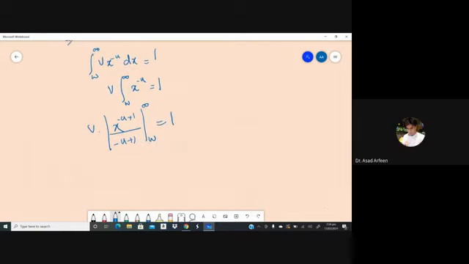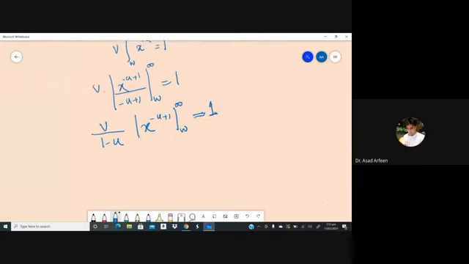So it will be v over 1 minus u, x to the power minus u plus 1, with limits w to infinity, equal to 1.